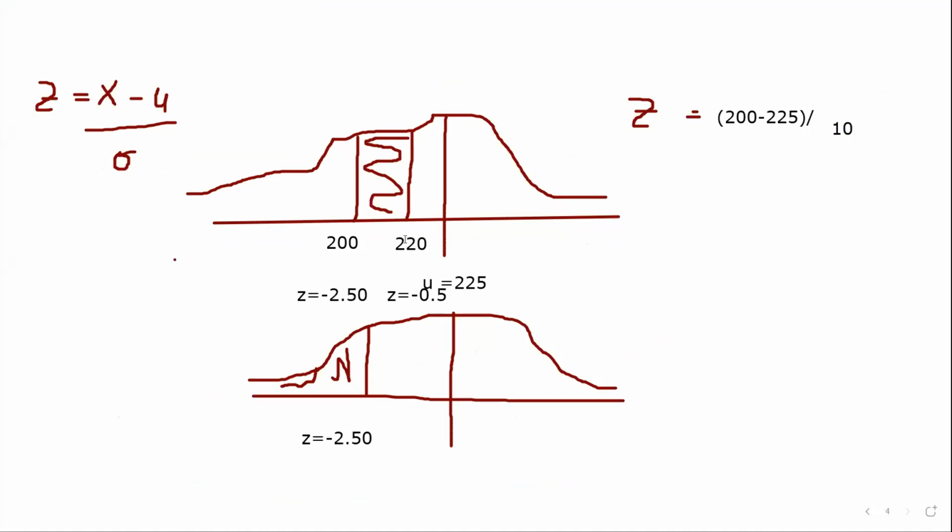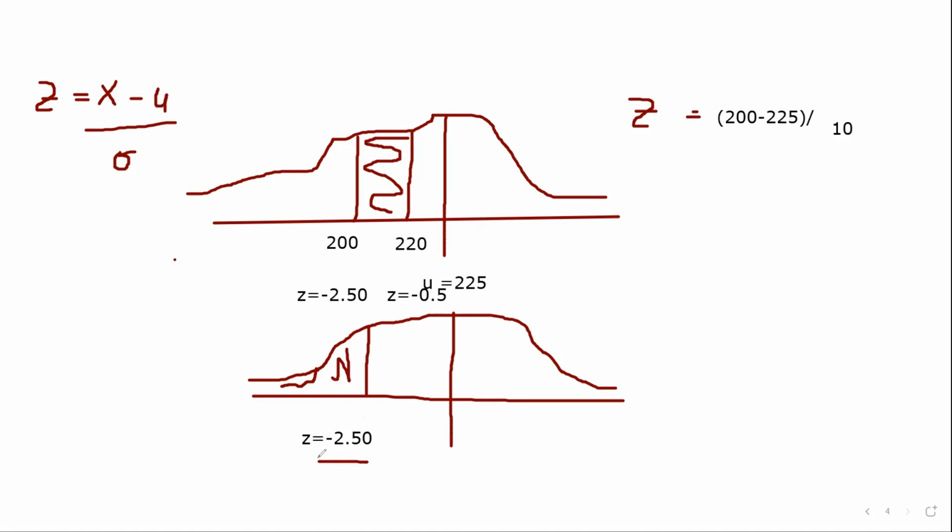And that was negative 2.5. Do you remember now? Mm-hmm. Okay, so that z-score is this z-score down here.